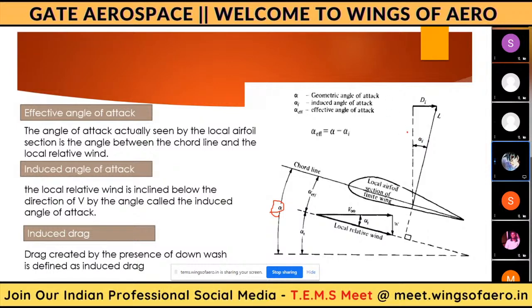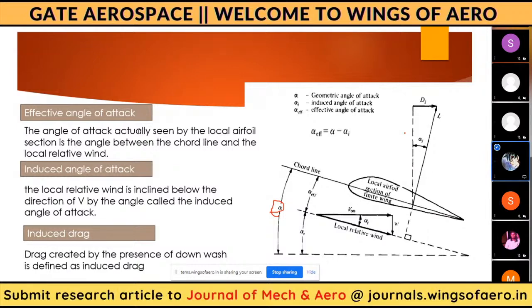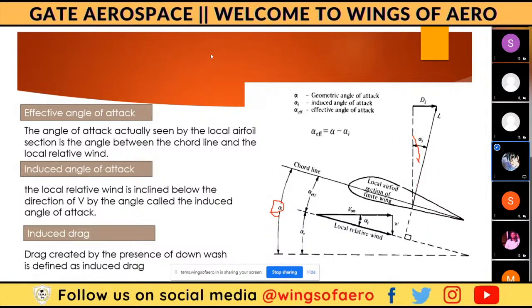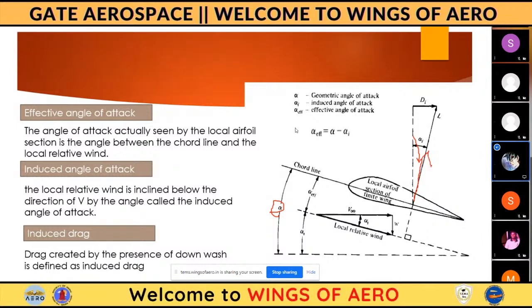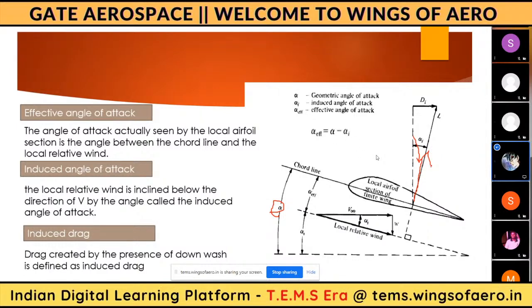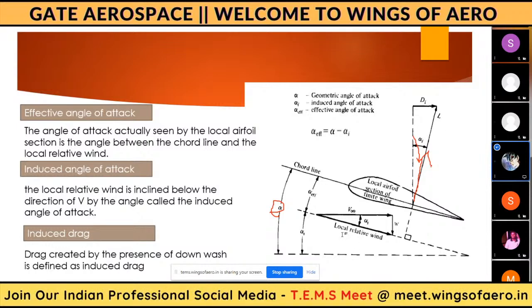And have you heard about the lift force? We will not be drawing the lift force like this. Here, this is the lift force, and we are drawing it inclined. When the angle of attack changes, the wing is also changing. It will be inclined only. But we are drawing the lift perpendicular to the chord line only.